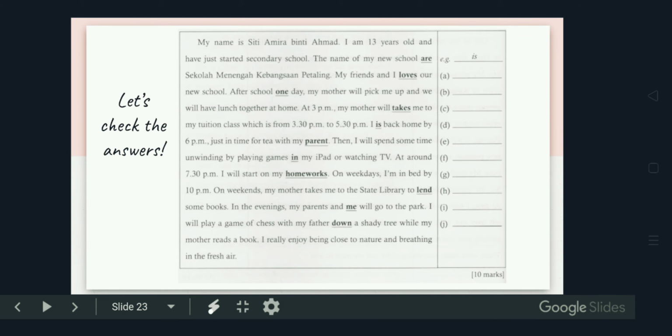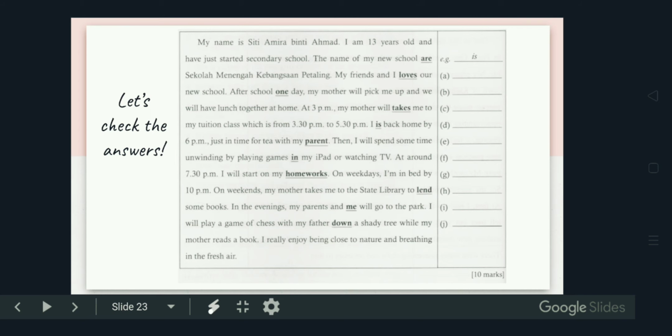At 3 p.m. my mother will not "takes", it's "take", because you know that after modals like will, can, shall, should, would, okay, after modals it is always the root word, it is always the basic word. So my mother will take me to my tuition class. "I", not "is", "I am back home just in time for tea with my parents."